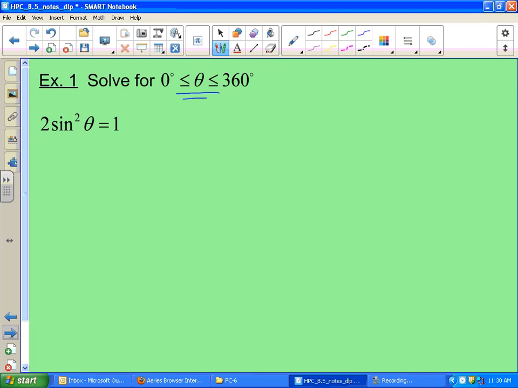So what we're going to do is try and isolate this sine of theta by, first of all, dividing by 2. And then we get sine squared of theta is now equal to 1/2. And remembering sine squared theta is the same thing as the sine of theta squared, so we want to undo this by taking the square root. And when we do that, we get plus or minus 1 over root 2, which we need to rationalize.